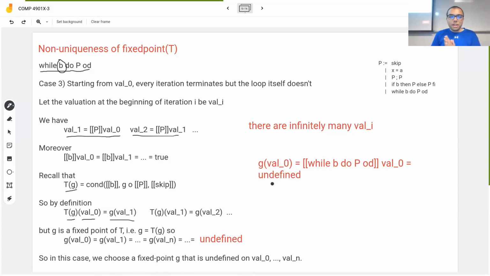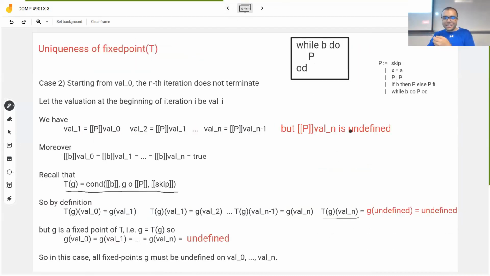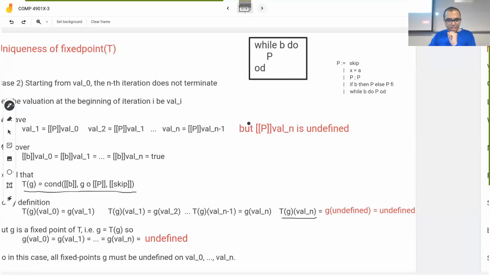So I hope that you're now convinced that the least fixed point, in the sense of the least defined fixed point, is unique. Because I had these 3 cases, and in the first case, I had no choice. In the second case, I also kind of had no choice, but I could put undefined here, assuming that it was already put undefined here, but that's fine.